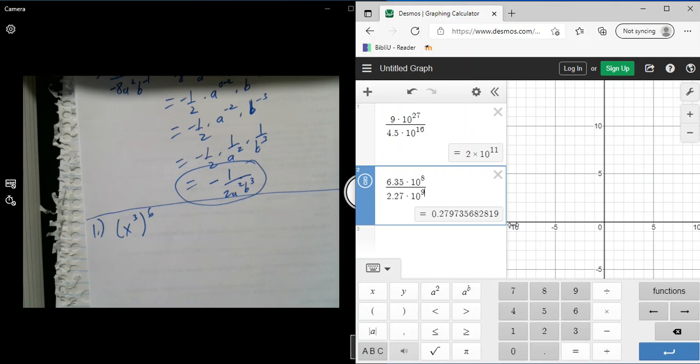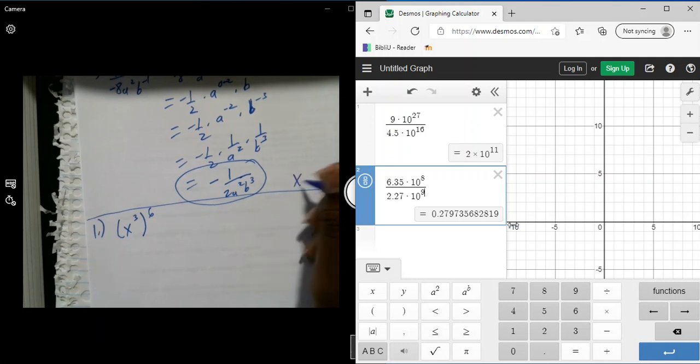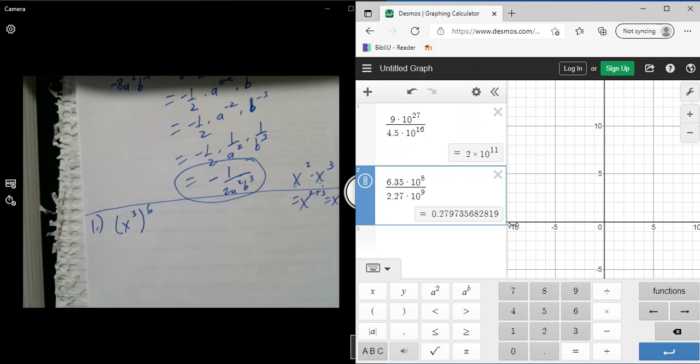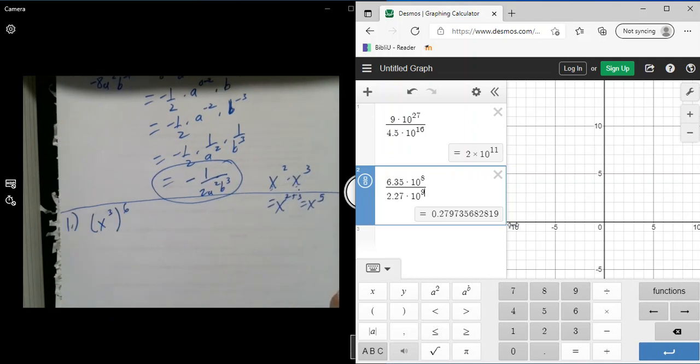The first thing is, like we did on the other page, whenever you multiply the same base, so if you have x to the second times x to the third, whenever you have the same base, which happens to be the x's, you carry over the base and add the exponents. So this would be x to the fifth. That's the multiplication rule for exponents.